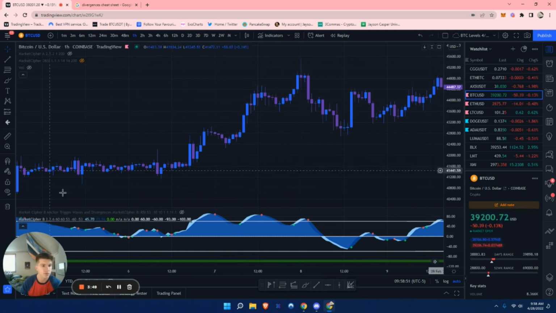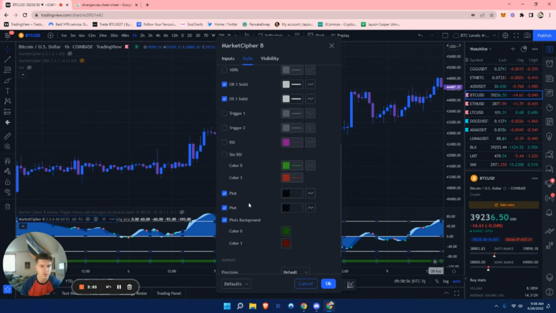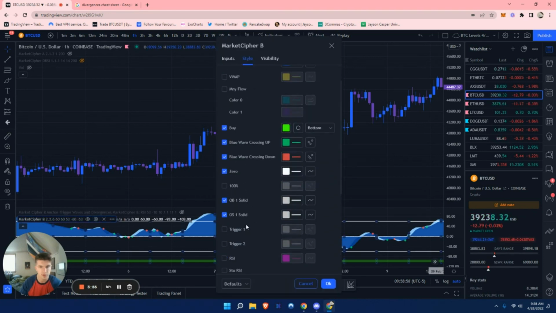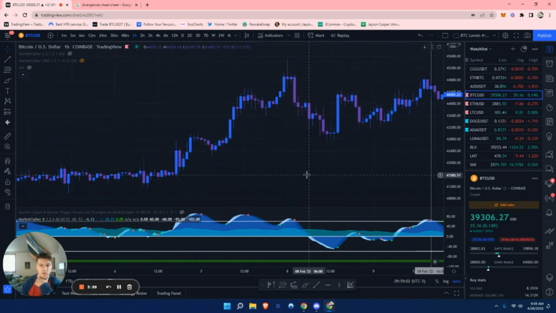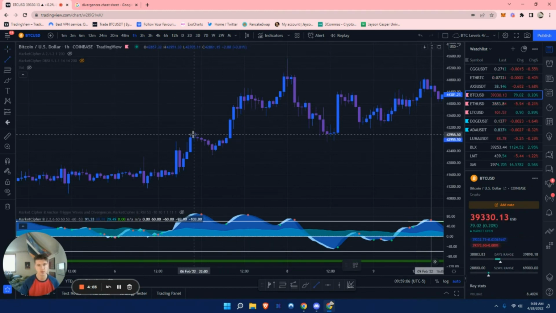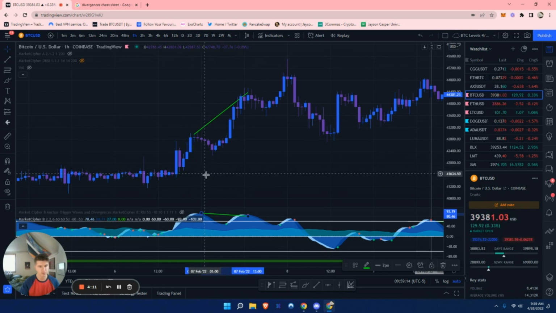Next thing you want to look for on Market Cipher B is the Moneyflow indicator. So I'm going to turn on Moneyflow like so, and we're just going to add another step. So again, we have our bearish divergence, and the next thing you want to look for is the Moneyflow, based on the blue.